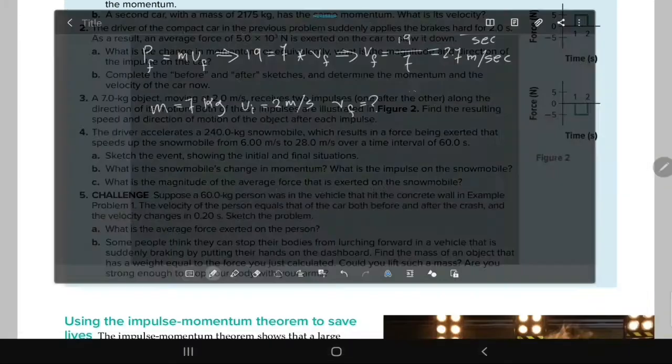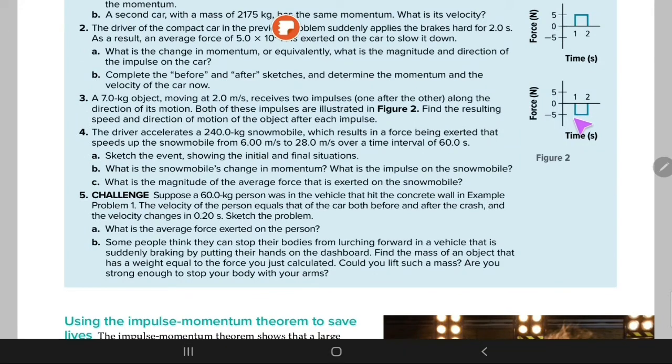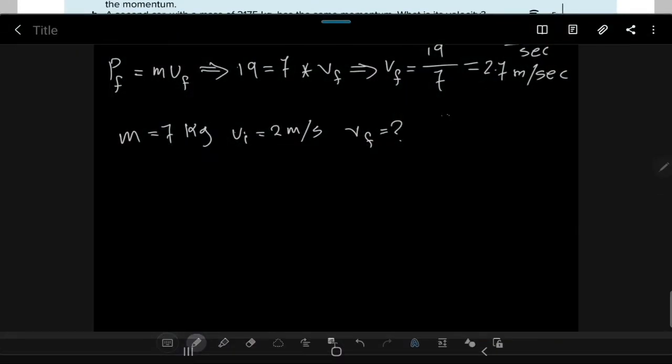But from the shape here, we have the force that's equal to -5. And we have the time, which is 2 minus 1. Now we will find it. F equal to -5. And we have T1 and T2. T initial, we have it, which is 1.